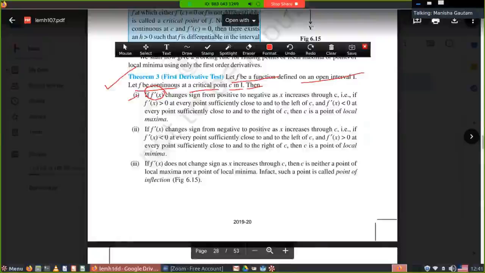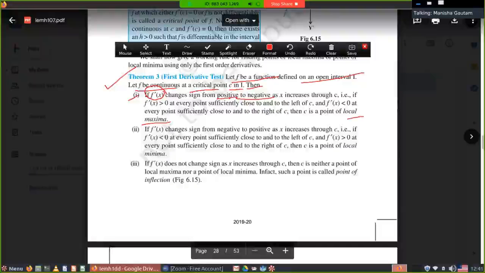Then check the sign of the derivative, whether it is moving from positive to negative at x equals c. If f dash x is greater than 0 at every point sufficiently close to the left of c, and f dash x is less than 0 at every point sufficiently close to and to the right of c, then c is called the local maximum.